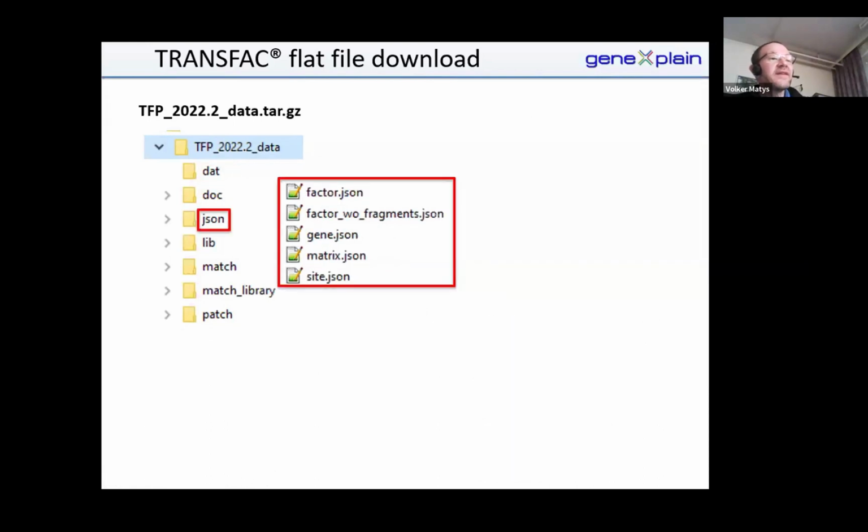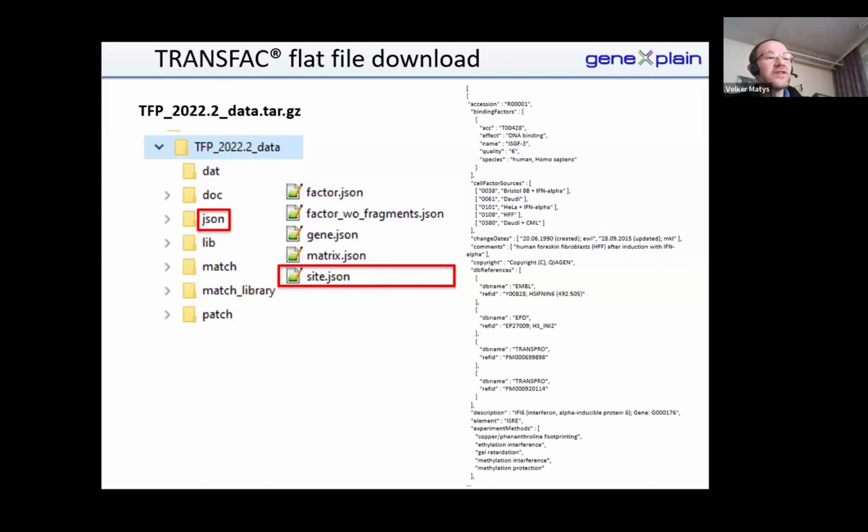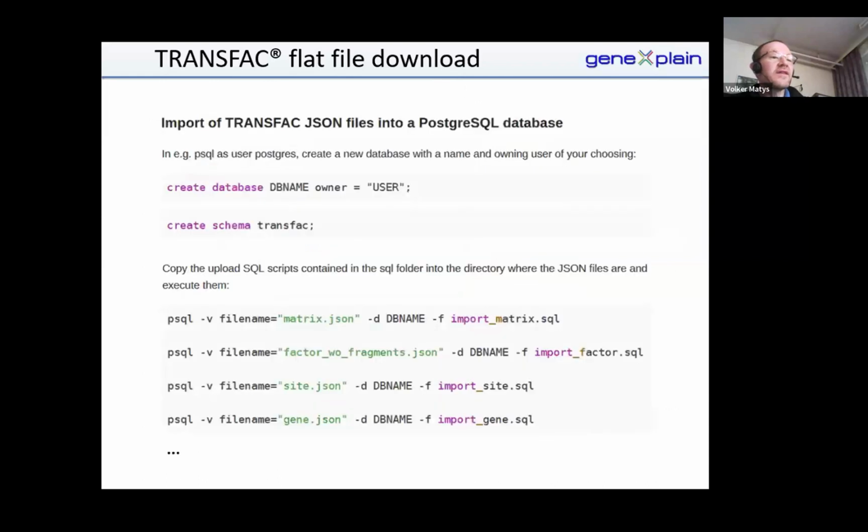And here, in the JSON folder, you have these flat files with the data in JSON format, and also here an example for the site entry. And just to show part of this description here, we do not provide an installation with the download.